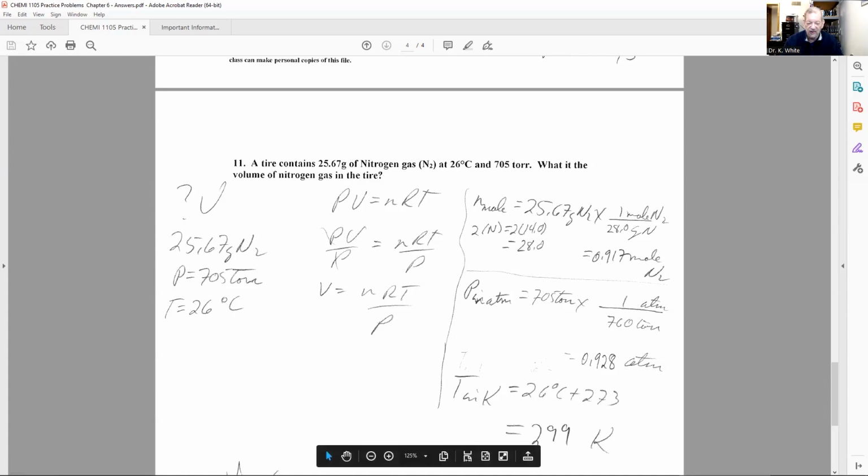Well, how do we do this? Well, you look, we're trying to find a volume. We're given a weight of nitrogen gas. We're given a pressure, that's what torr is, and we're given a temperature. Does anything change? No.